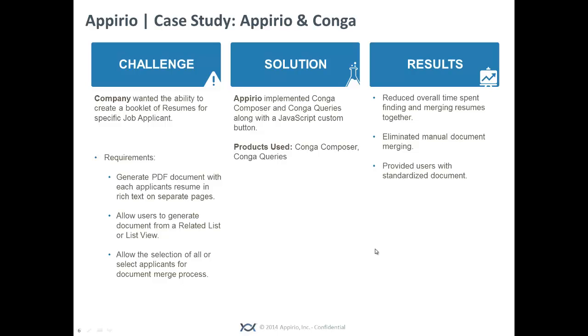All in all, a great solution and a great way to use Conga. It's actually the first time that I've been able to use the JavaScript way of doing that with list views and related lists, which really helps expand the use of Conga. And that's it for that case study.